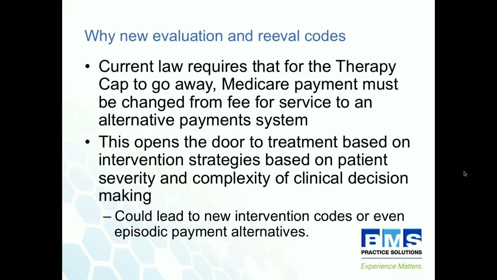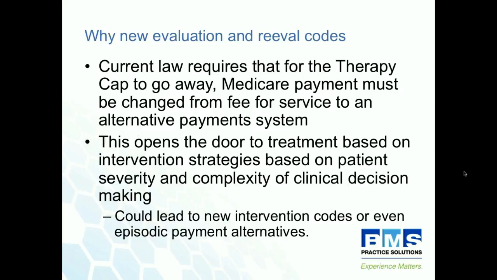The way that RevFlow is set up, we will only make the old evaluation codes and old reevaluation codes possible to use on payers who are requiring it. I don't expect there to be very many of them. It's a low-risk transition for the payers, as we'll talk about in a little bit, because of the way that CMS has decided to do the fee schedule amount for the evaluations.